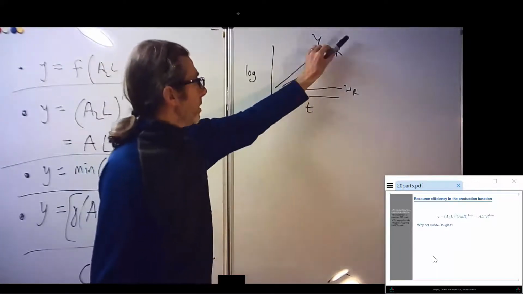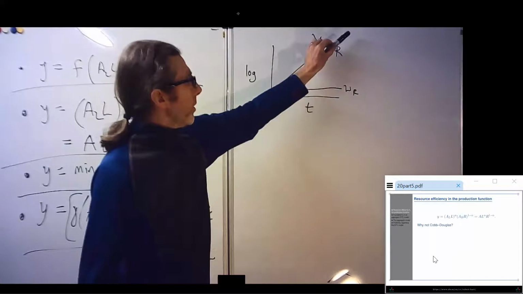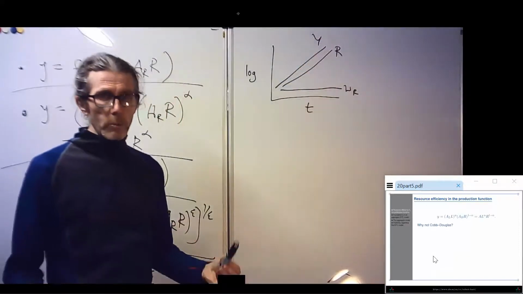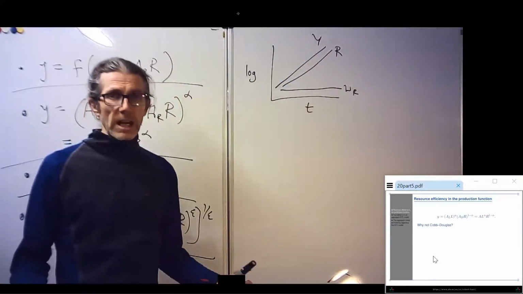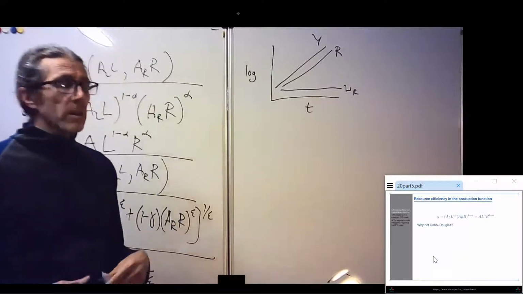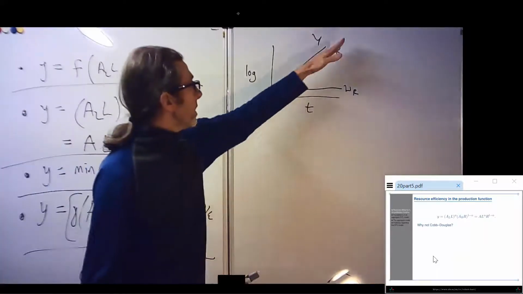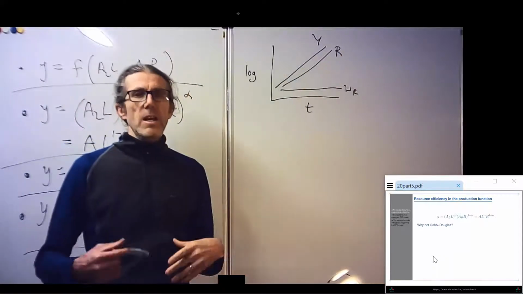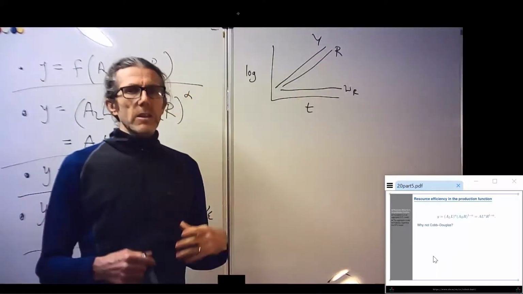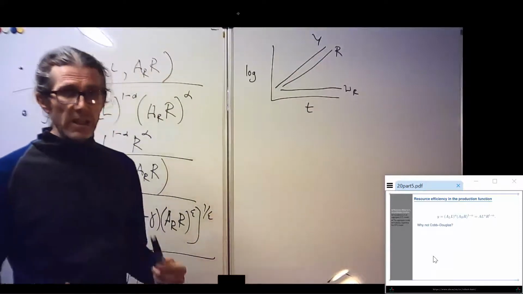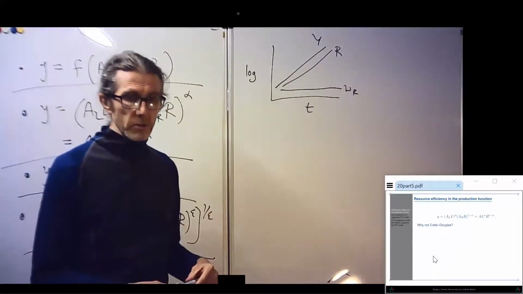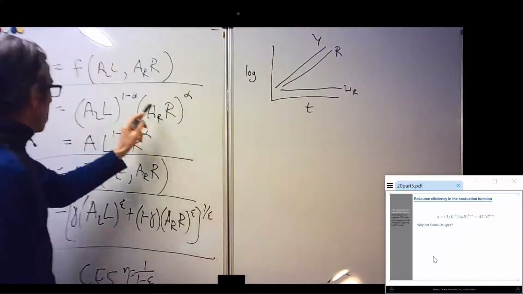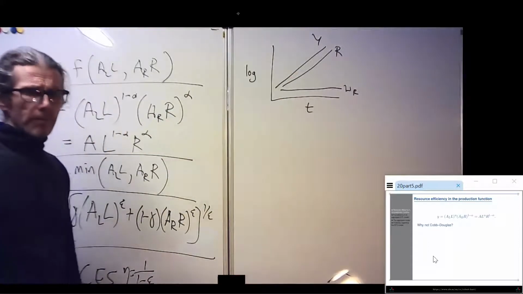The growth rate of WRR is equal to the growth rate of Y, which means WRR is a constant fraction of Y. The factor share of resources tends to stay constant. Metals, fossil fuels, etc. tend to stay more or less constant. And the Cobb-Douglas seems to be capturing that.